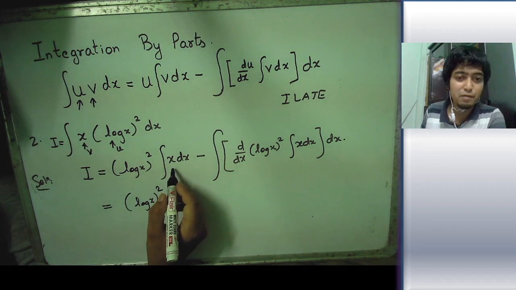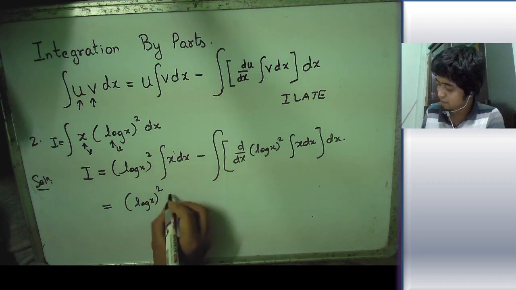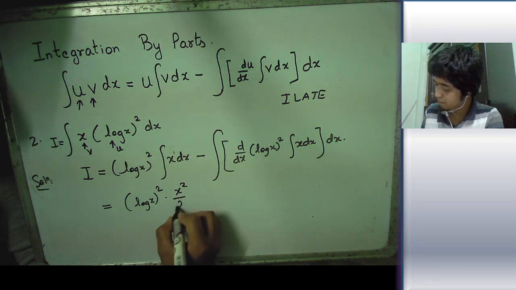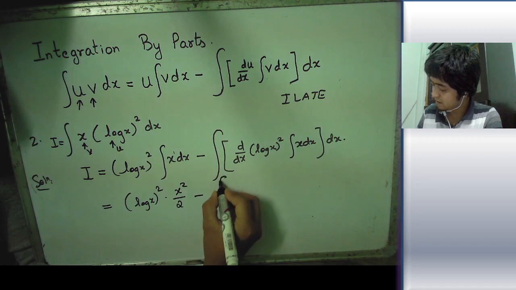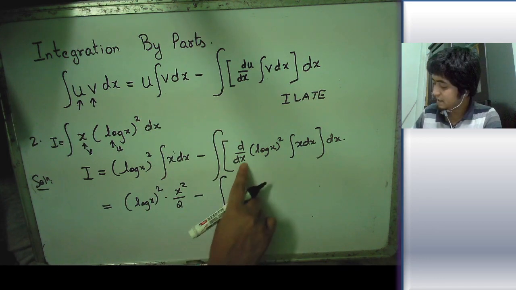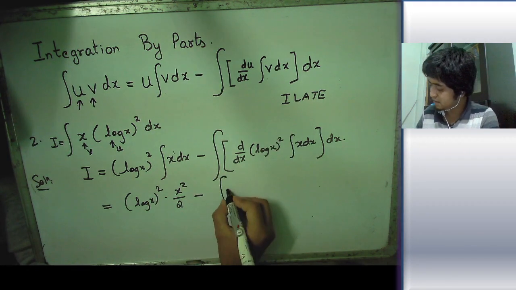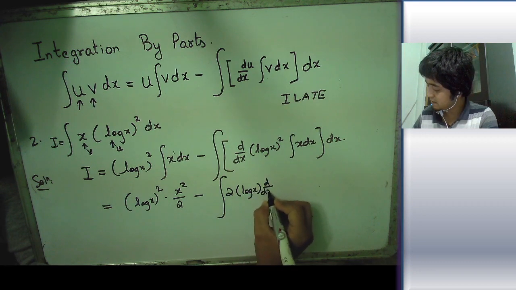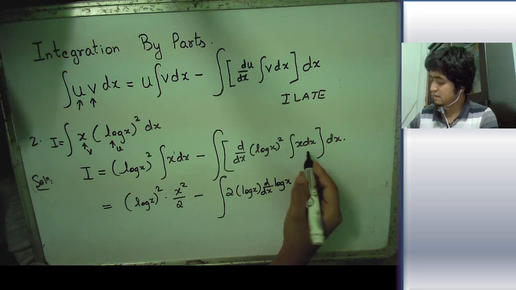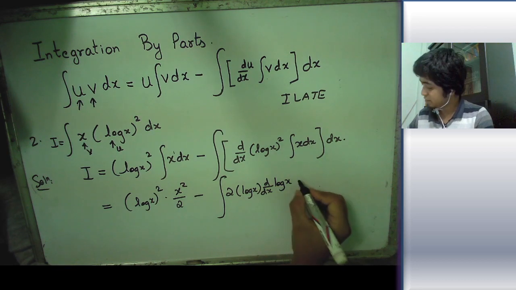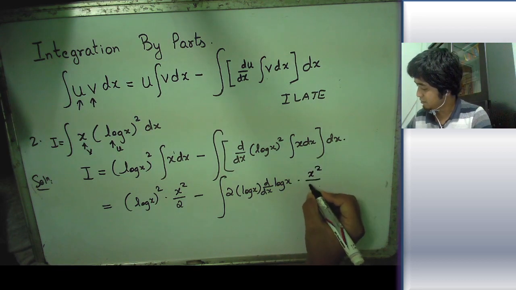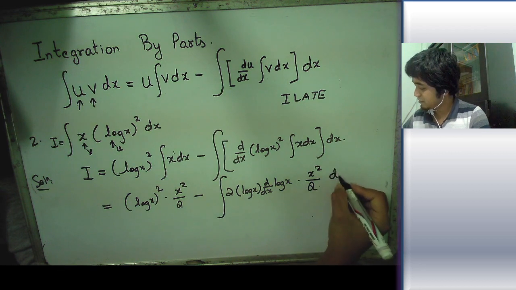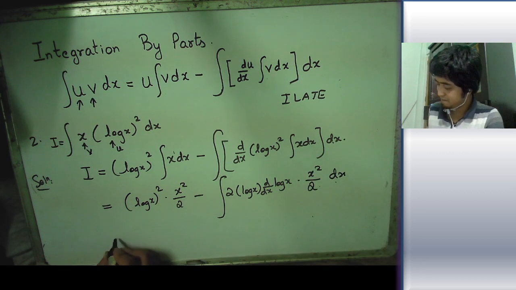Now we can use the formula for this one, x to the power 1, which is x squared by 2, minus integration d/dx of (log x) whole thing squared, which is 2 log x d/dx of log x. Integration of x, again it will be x squared by 2, and then you will be having this dx here.